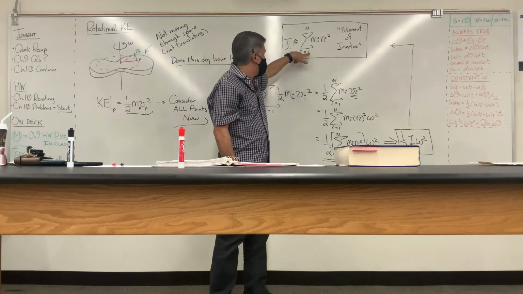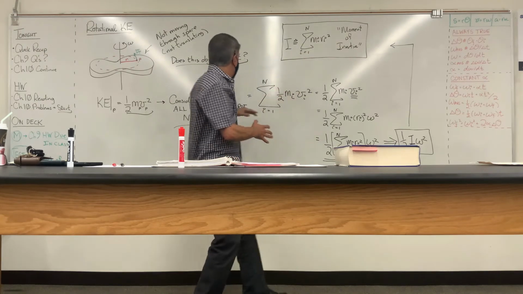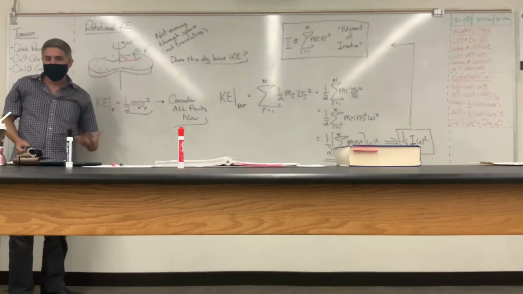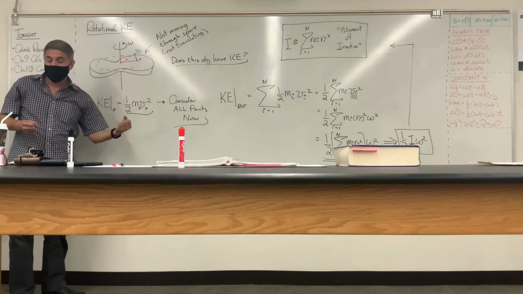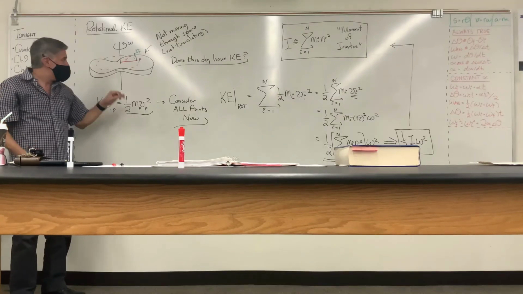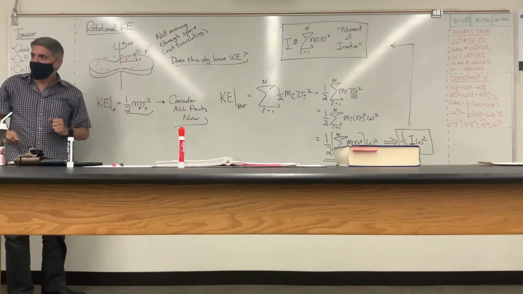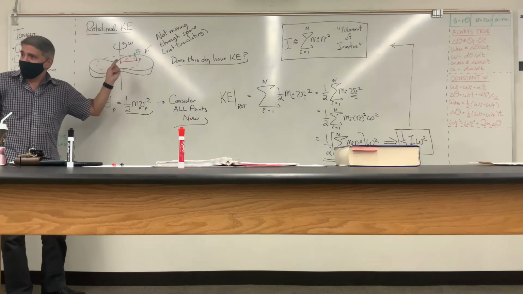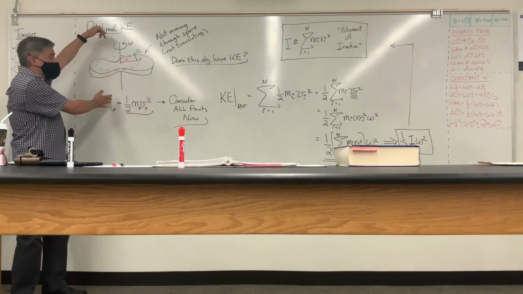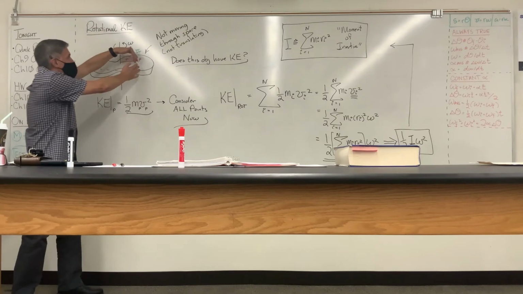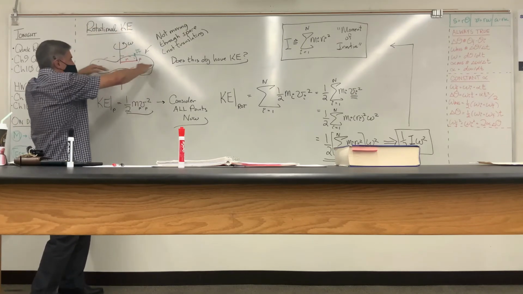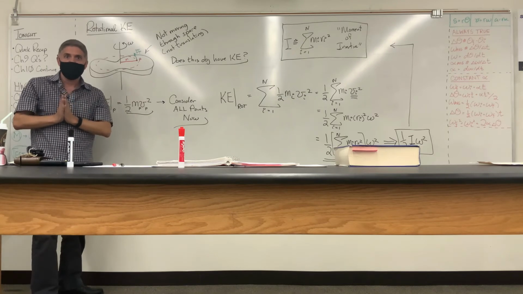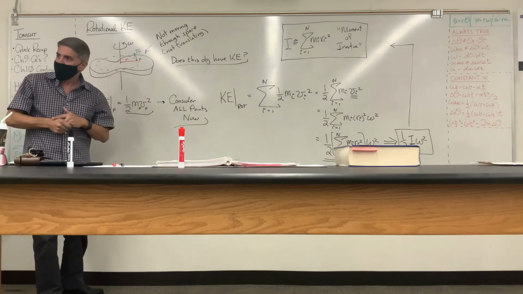So the degree to which this extended object is going to resist changes in angular velocity, is going to resist angular acceleration, depends on its mass distribution about the axis. And there's an infinite number of axes we could pick here. So that mass distribution depends on whether you're spinning it about the y-axis like this, the y-axis over here, the x-axis over here in the middle, the z-axis out of the whiteboard. It's all going to change. And so we have a much more complicated situation.